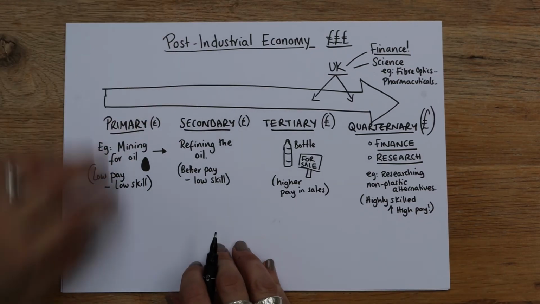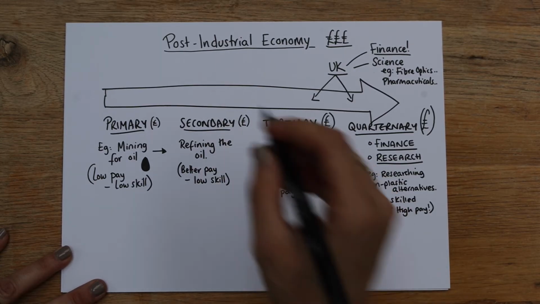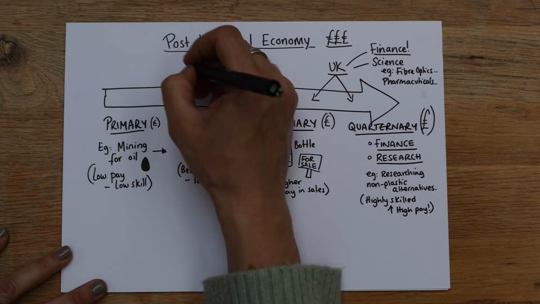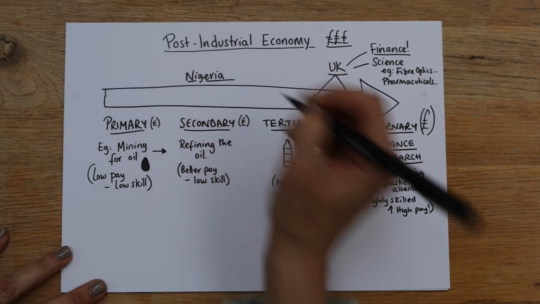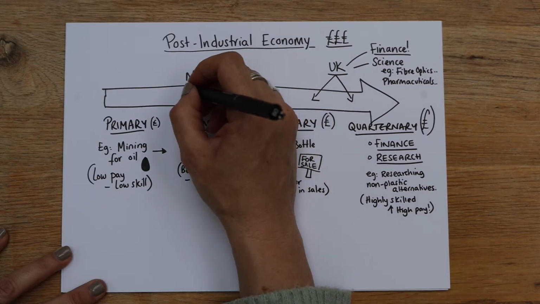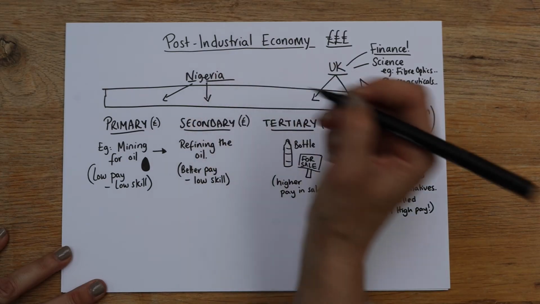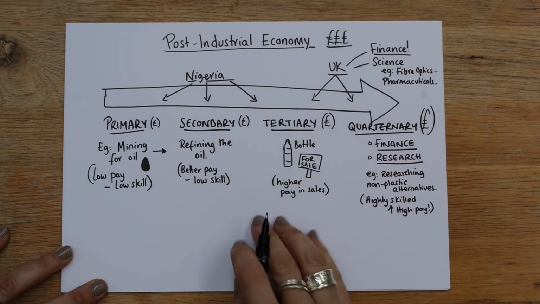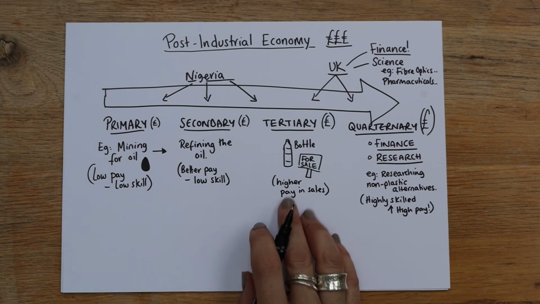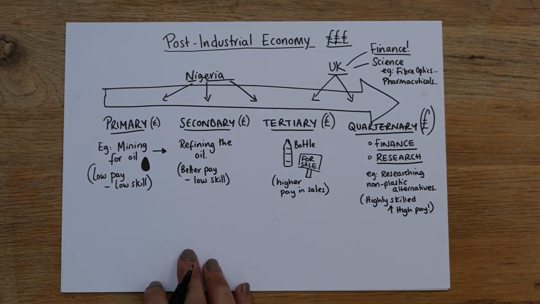All right, whereas if we give another example, I'm just trying to think where would be quite good. I would say Nigeria, because that's a case study that we use a lot in my classroom. It's mining for oil, it is refining the oil, and it also has quite a big sales part, although they do export quite a lot of raw materials, so they're probably slightly more around the secondary.